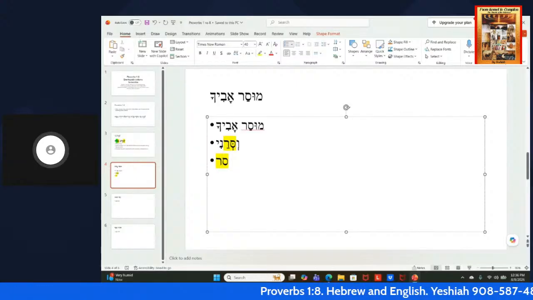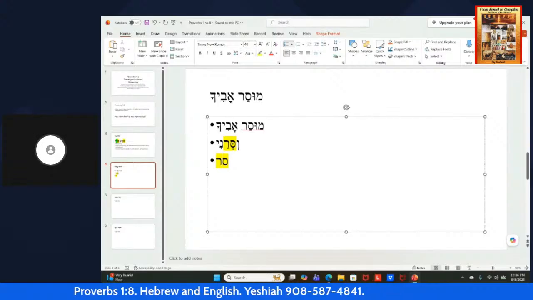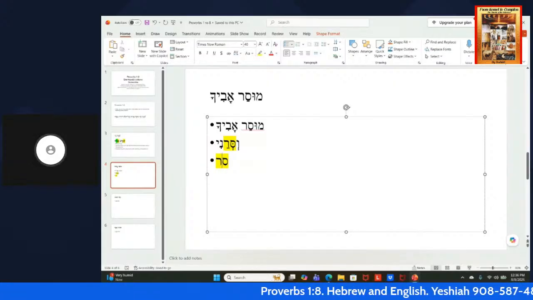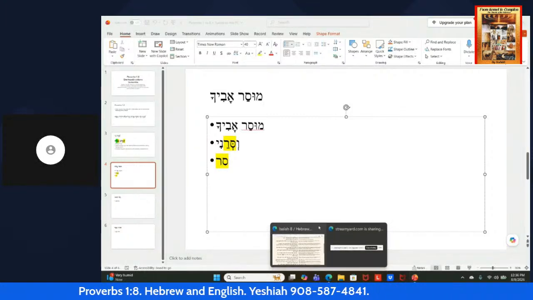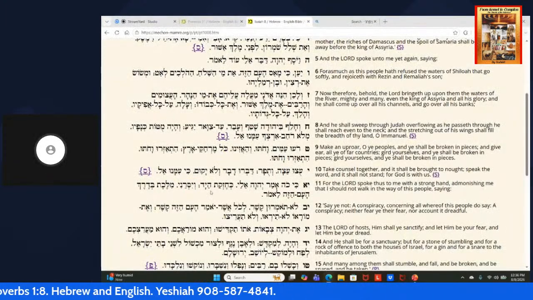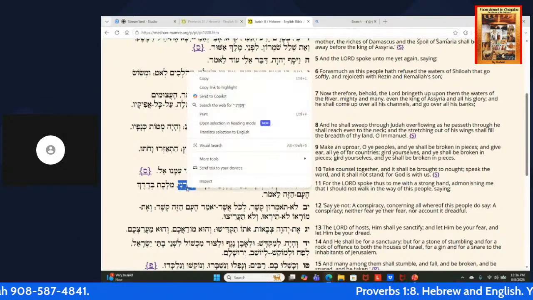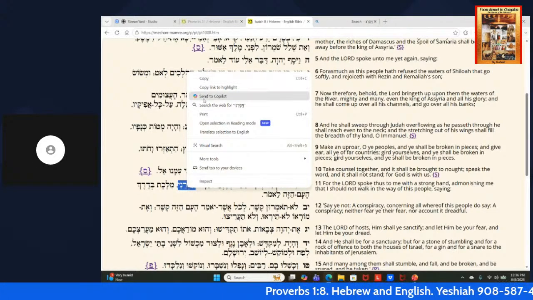A mem is used in many cases, as pointed out in the past, to make a verb into a noun or even a verb into an adjective. Just want to point that out. So now when we go back, brothers and sisters, into the scriptures, we see this here, Wayisreni.